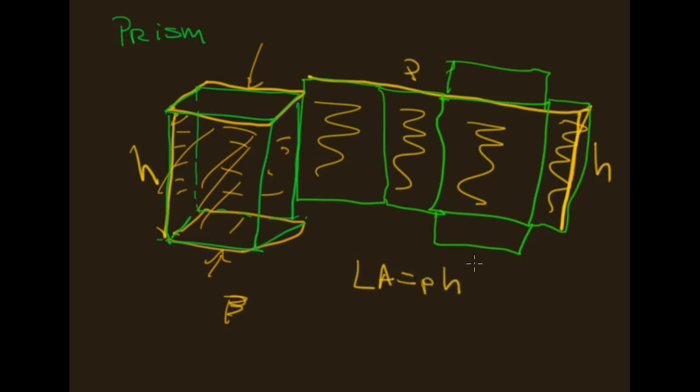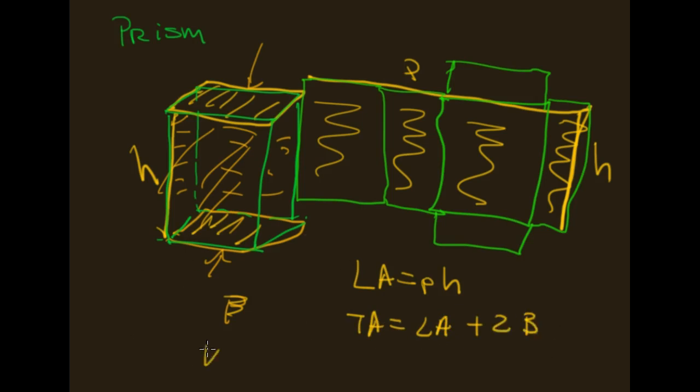Now, if I want the total area to cover the whole thing, then I would add the top and add the bottom. So that would be plus twice the bases. Let's make sure that this is clear. The lateral area is the perimeter times the height. The total area is going to be that lateral area plus twice the area of the bases.